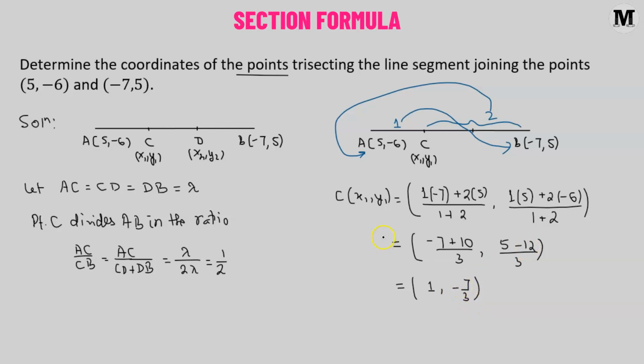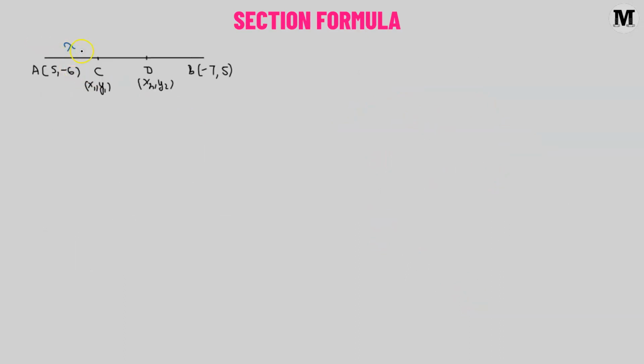Now let's find the coordinates of point D. I've already considered that AC has length lambda, CD has length lambda, and DB also has length lambda. Since we're concerned with point D, point D divides the line AB in the ratio AD to DB.